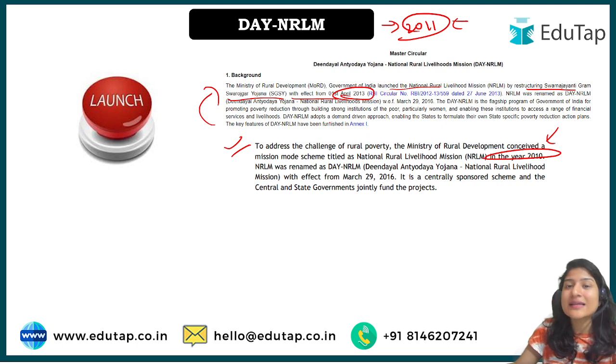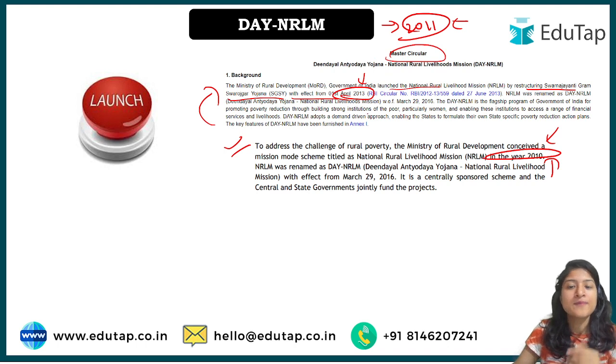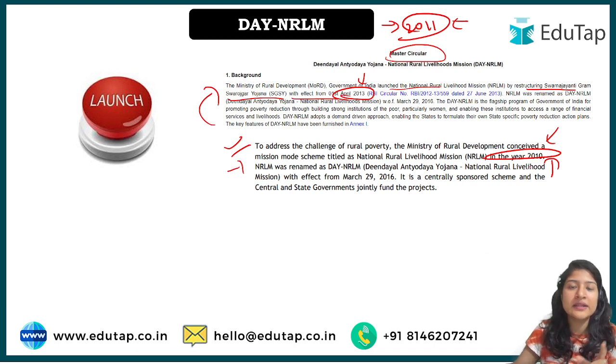Because it is an RBI examination, the next examination that is coming, and in the examination, if 2010 is not present in your option, then you should remember that 2013 will be the right answer, because it is present in the RBI's master circular. So always we should go with the official notification, but in this case, if 2010 is not present in your option, then you should immediately remember it should be 2013. I hope that's clear.